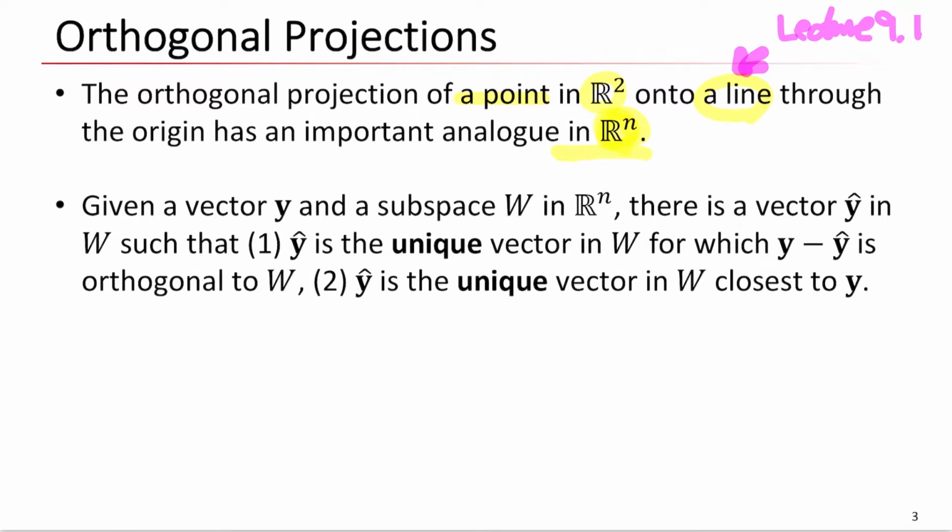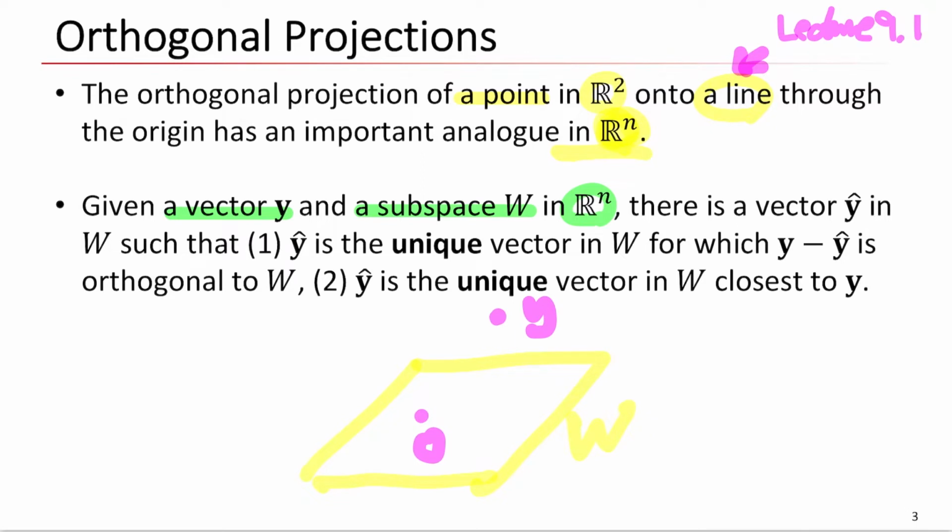Here is a very interesting observation. Given a vector y and a subspace W in R^n space, let me draw the subspace W here, the vector y here, and the zero vector here, because this is a subspace.